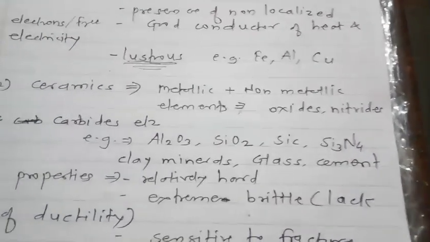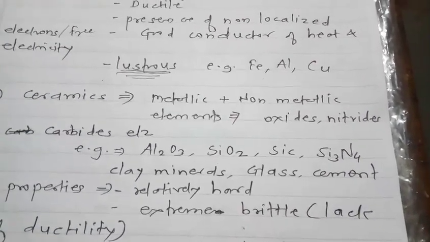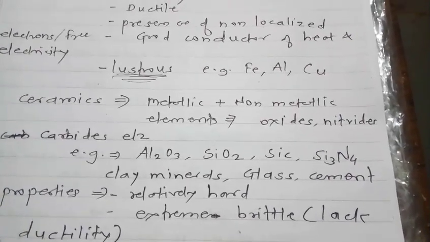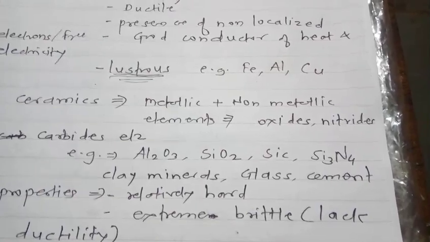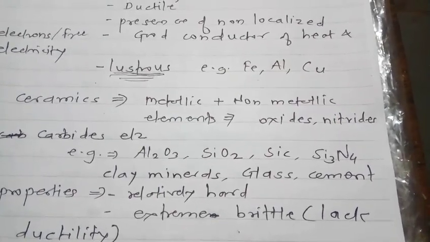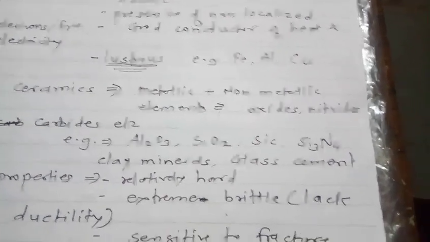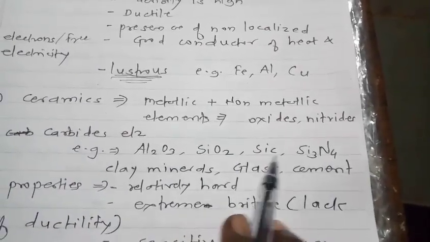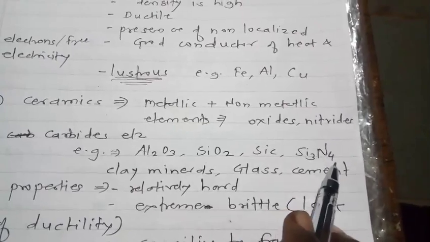So how can we find out the ceramics? They are things like oxides, nitrides, and carbides, right? Definitely the first one is aluminum oxide, then silicon oxide, then silicon carbide, and silicon nitride.